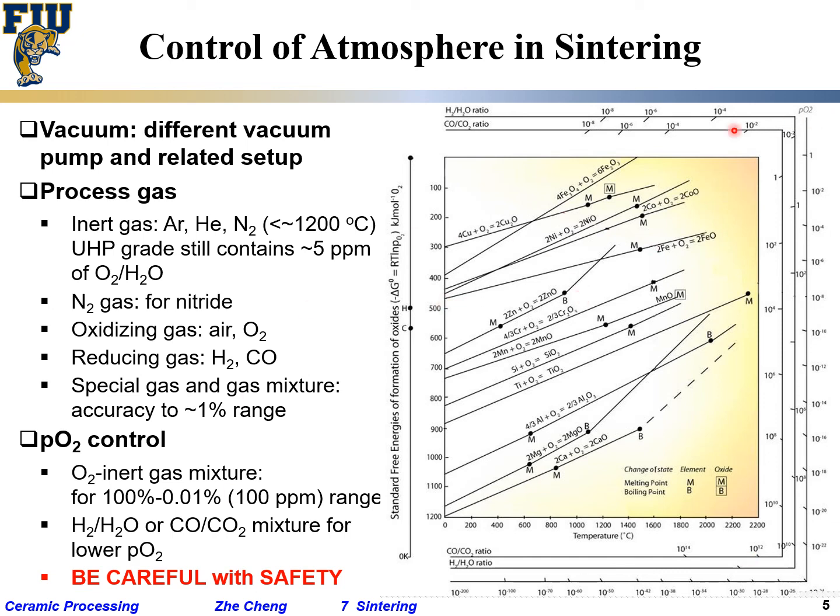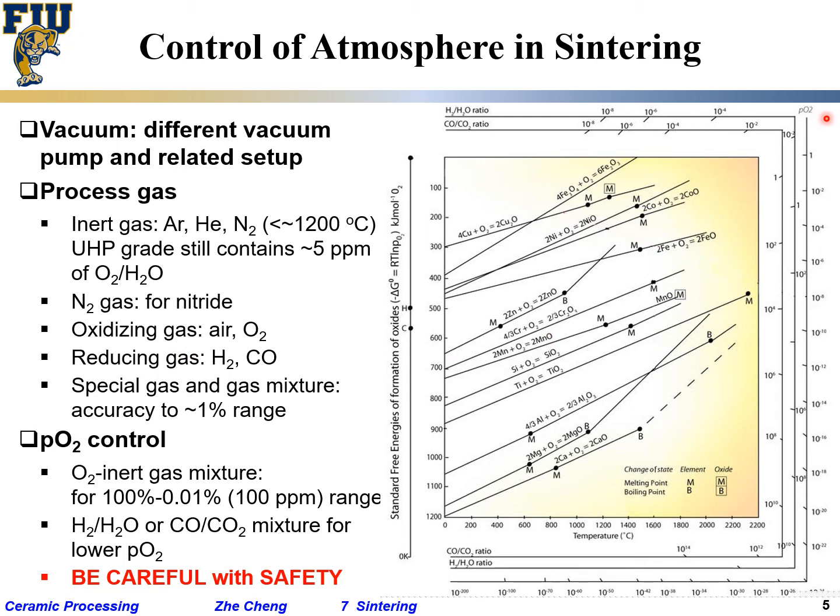This plot, although it looks messy, essentially tells you each line is typically for one metal or one material. Vertically, you read the temperature, and then the horizontal scale gives you the partial pressure of oxygen, PO2.